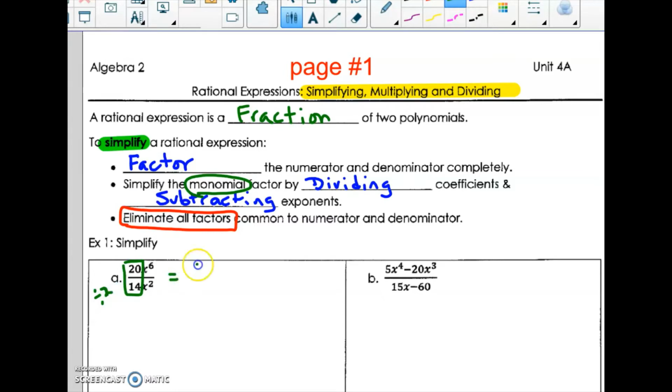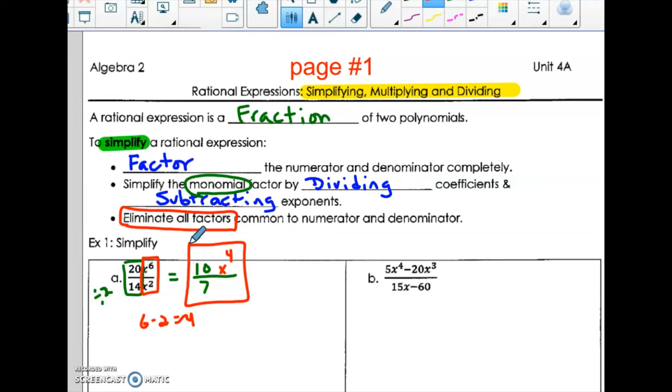That gives us 10 over 7. 20 divided by 2 is 10, 14 divided by 2 is 7. And then we will subtract the exponents. 6 minus 2 is 4. That puts the x's on top because there are more x's on the top than on the bottom. So that gives us x to the 4th. That is the simplified expression.